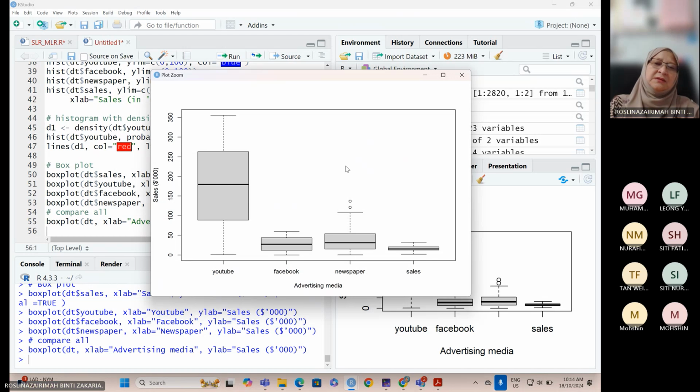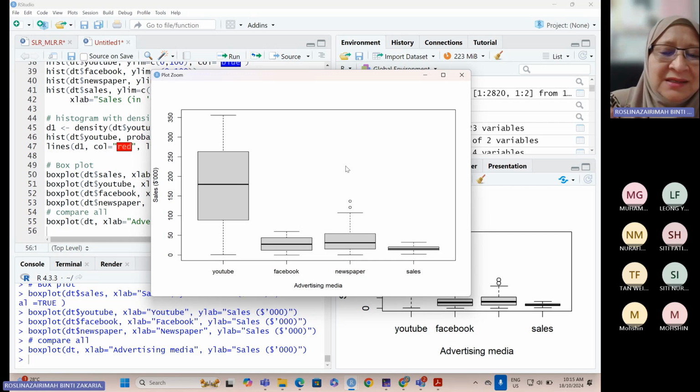Do you know how to read this plot? Like I mentioned just now, if you use a histogram to compare the sales based on the different advertising media, your histogram will be crowded, isn't it? But using box plot, it is well presented.